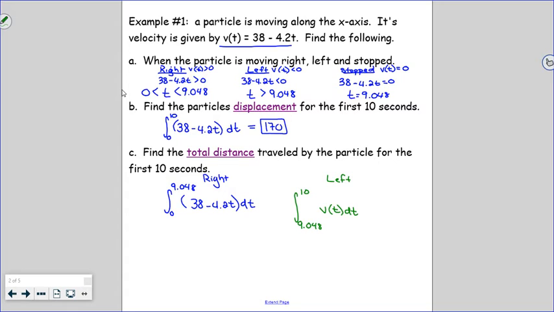So I can fill in both. Now, we have talked about you have two options. The integral of that left one from 9.048 to 10 is going to be what kind of a number? Negative, right? Because our velocity is negative. It's below our x-axis. So this is going to be some negative number, but if I'm looking for total distance, you have two options.